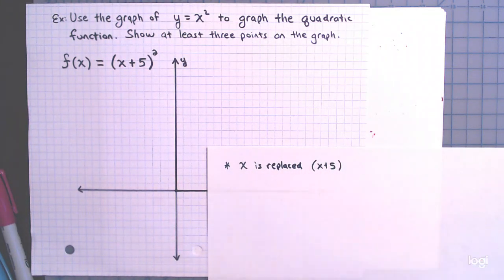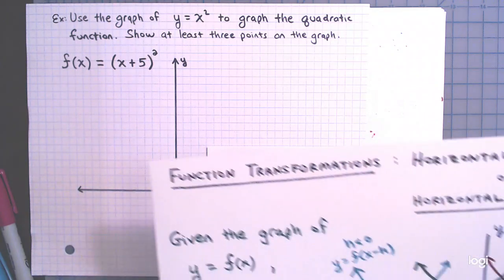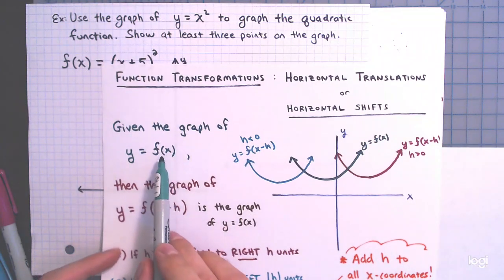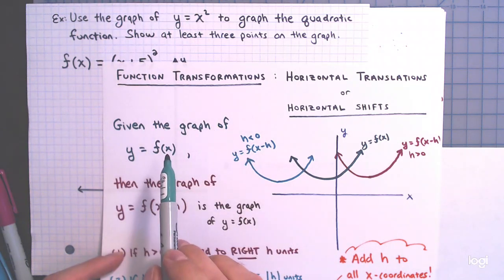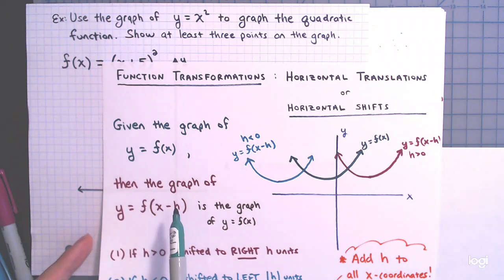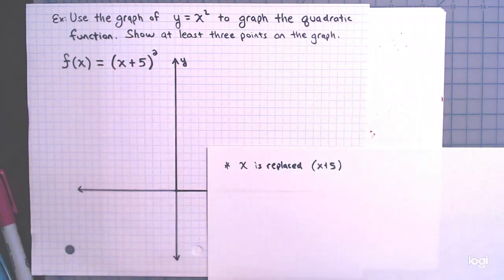Well, remember our little discussion on the first page. When I take some original expression, y equals, this is the x squared, the f of x, and I replace x with x minus h, right? The value of that h will dictate which way the original graph moves.